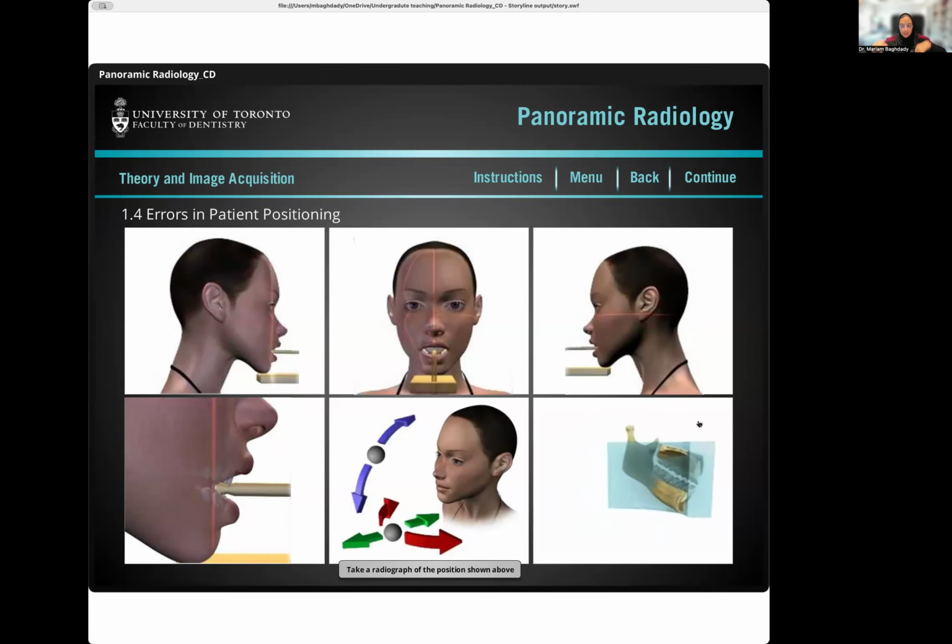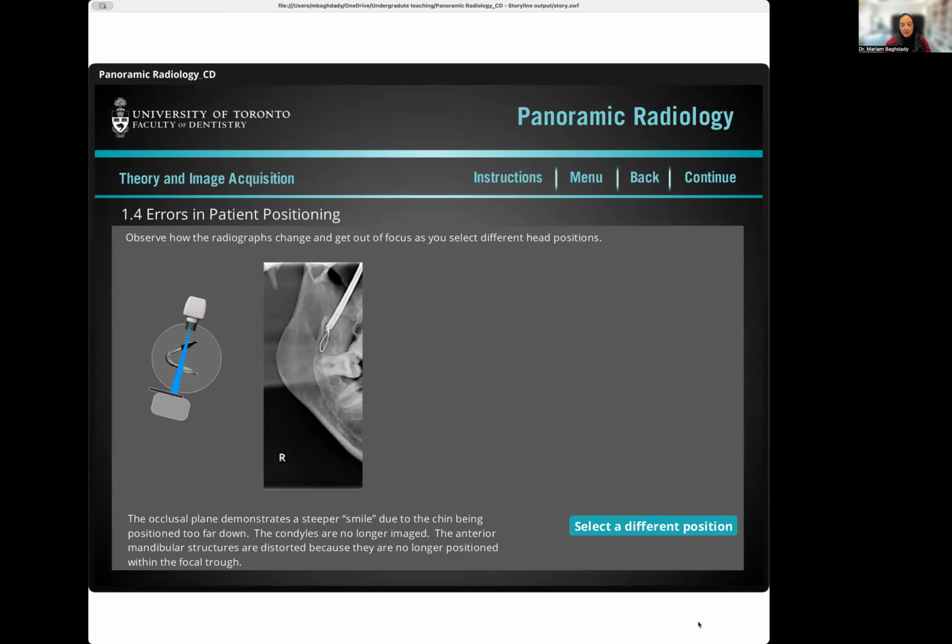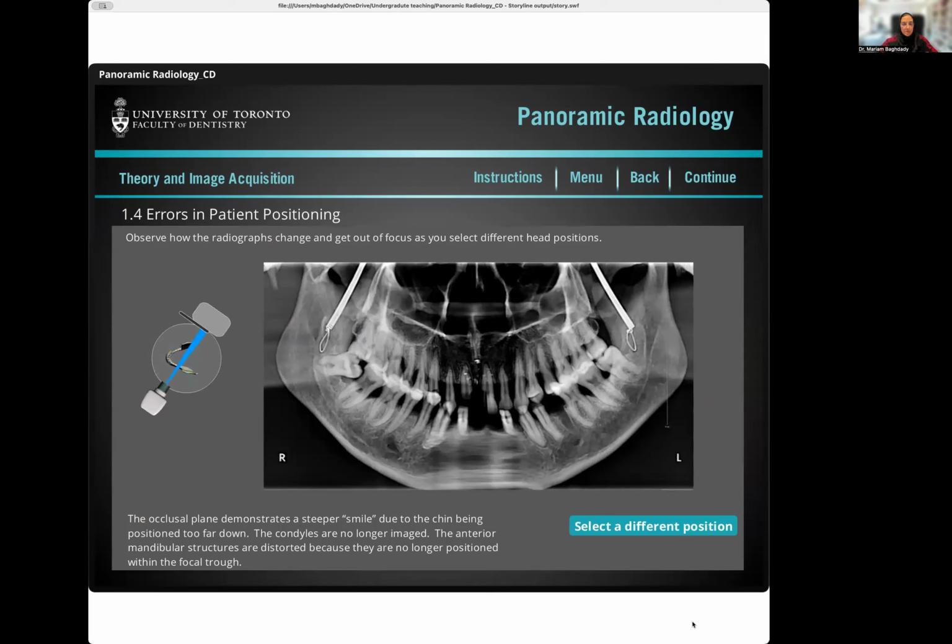So instead of it just being a regular smile line, it's going to be exaggerated with a very steep angle. And the condyles are going to be kind of kicked out of the field of view. And of course, the mental area will be kicked out as well.